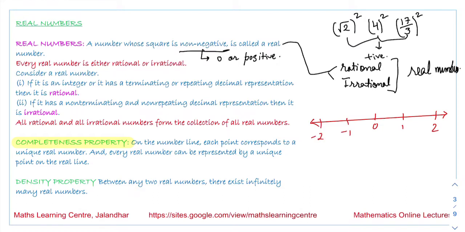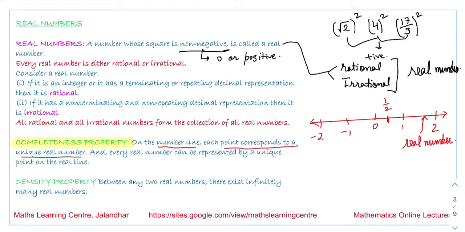If I have to plot 1 by 2, this point is 1 by 2. On this line you take any point, and that will be a real number. This is the completeness property: each point on the number line corresponds to a unique real number, and every real number can be represented as a unique point on the real number line.